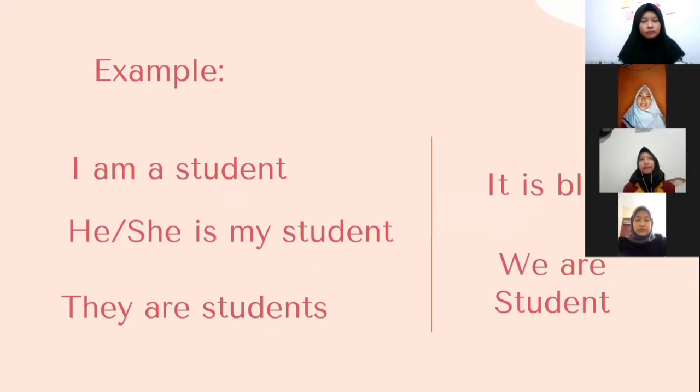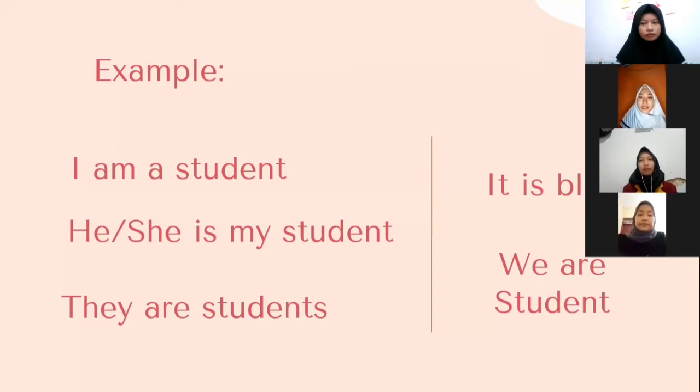Okay, here are several examples of sentences that use to be present. I'm a student. He or she is my student. And then they are students. And then it is blue. And also we are students. So usually we use to be in a sentence if in that sentence there is no verb.